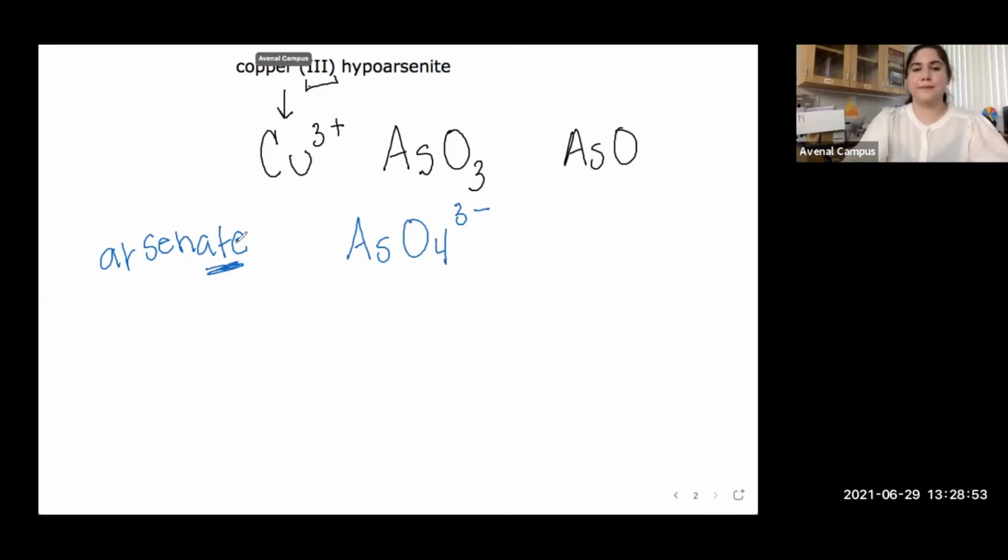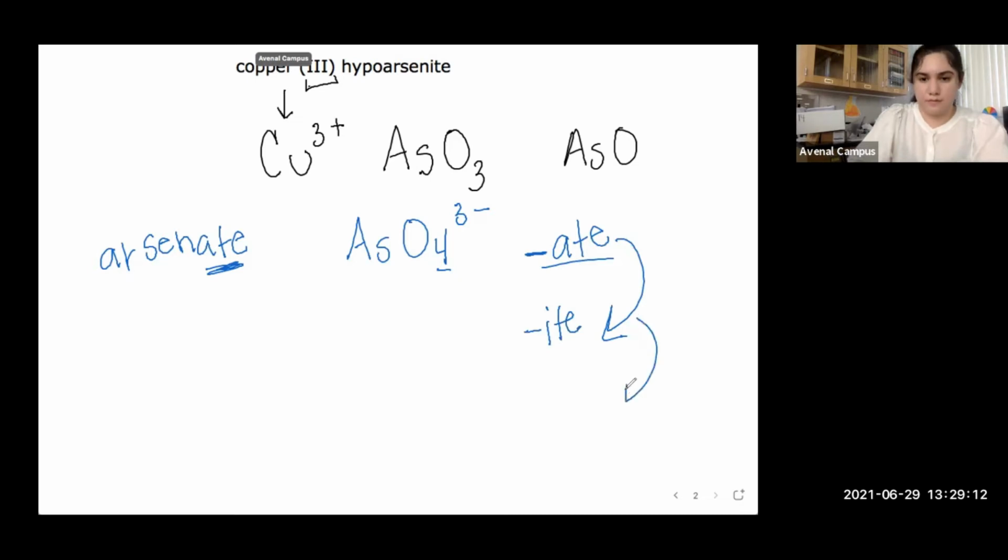Hold your horses. Come on, relax. So we know that arsenate, N-A-T-E, right, has 4 oxygens. Then arsenite should have how many? 3 oxygens. Then hypoarsenite should have how many? 2, right?